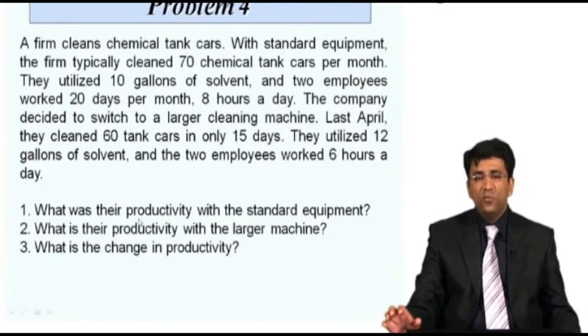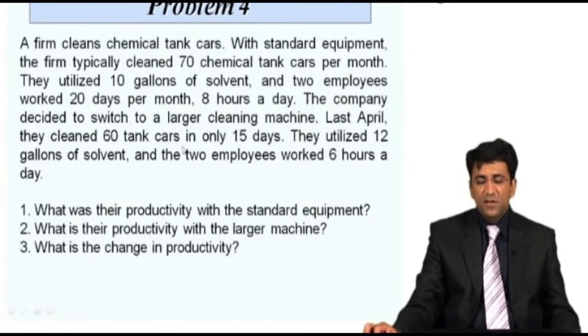Now again students, you'll have to extract the relevant information so that we can calculate the productivity before and after the introduction of these new cleaning machines. Now students, before introducing this larger cleaning machine, the output was 70 chemical tank cars.